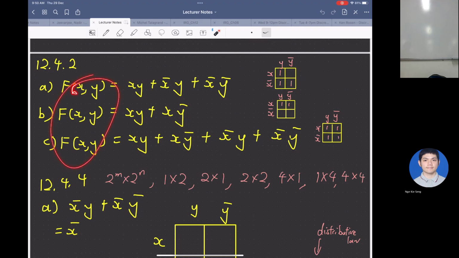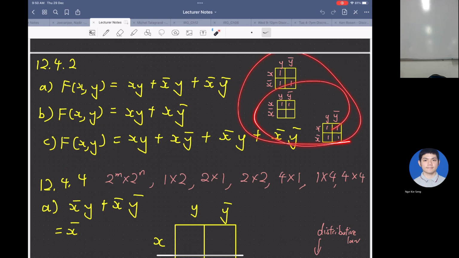There are two variables here, so you should build a 4-cell map. How you put the one depends on what minterm you get. If you have 3 minterms, you should have 3 ones, and label the one in the right block. Make sense? So the first step to do K-map minimization, you have to know how to label your block first.